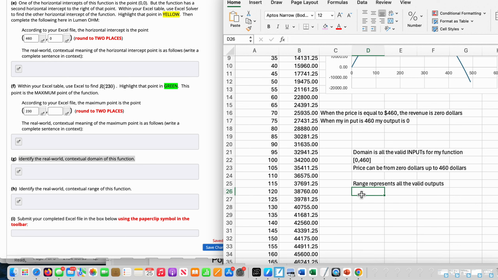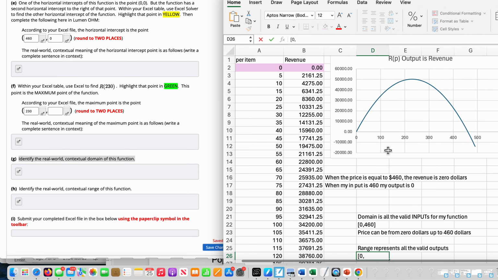So the smallest value in my range of revenue is 0. Okay, so then I want to look at, well, what is the maximum revenue? The minimum revenue is 0, but what is my maximum?